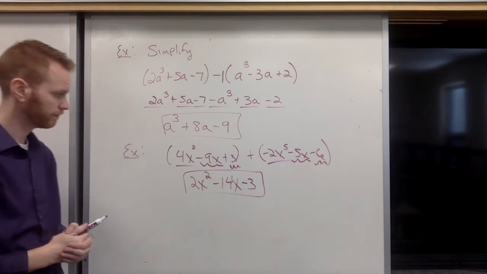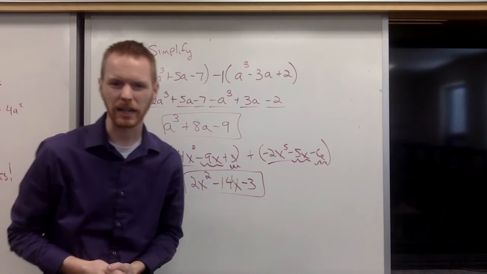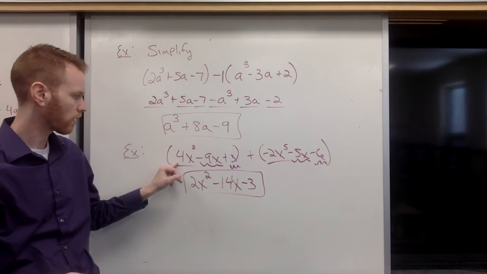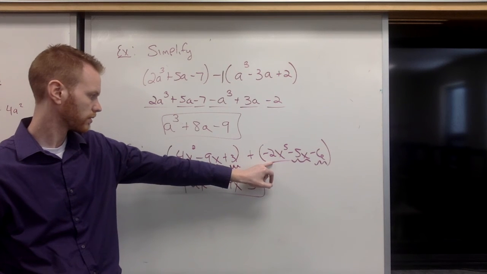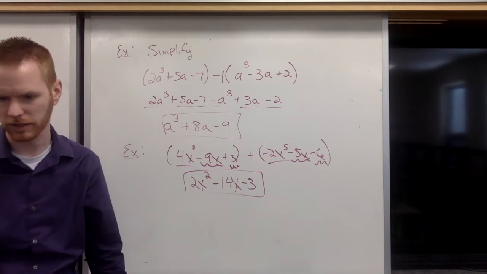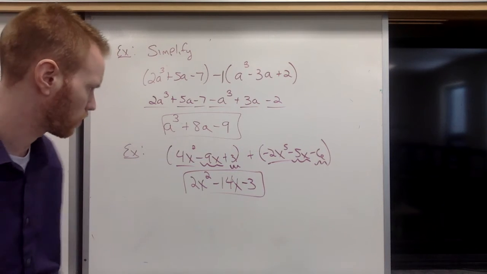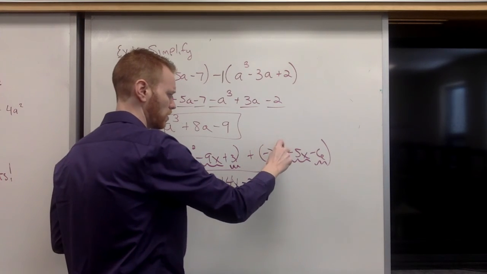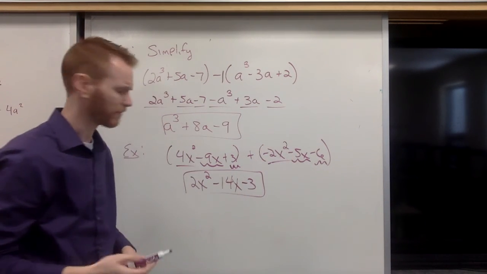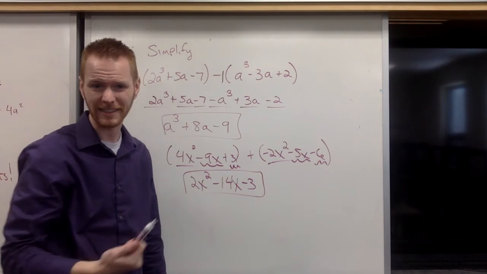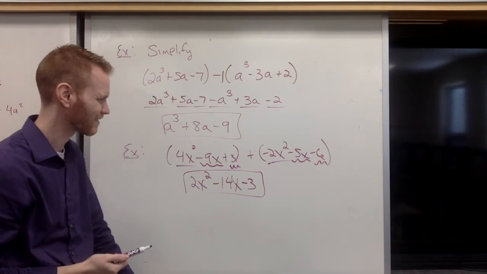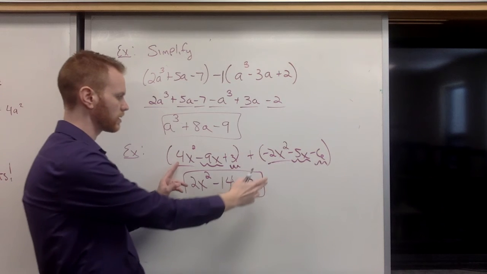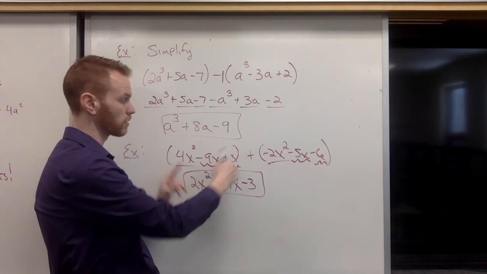That's it. Be careful when you combine like terms. Because this is a 4x squared, this is a negative 2x squared. Wait, to the fifth? No, that's a square. I'm sorry. I have no idea why my hand did that. That's a square. I apologize for that. But when I'm combining these, it's not like negative 2x to the fourth.